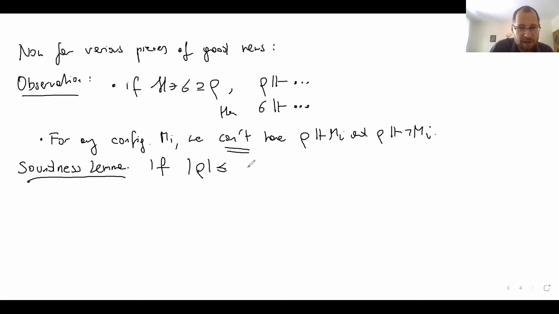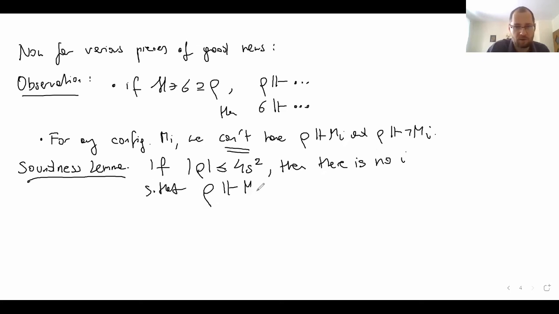So if rho is below 4s squared, so k variables away from the size limit for the duplicator's family, then there is no i, so no line in the refutation, such that rho forces mi and forces not mi plus 1.